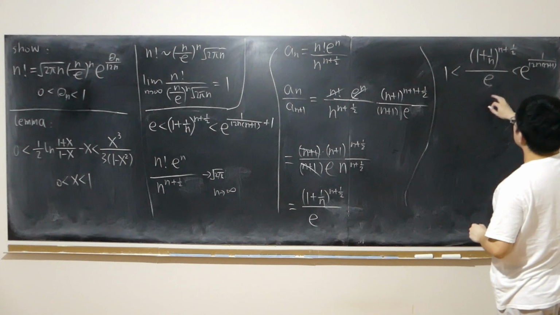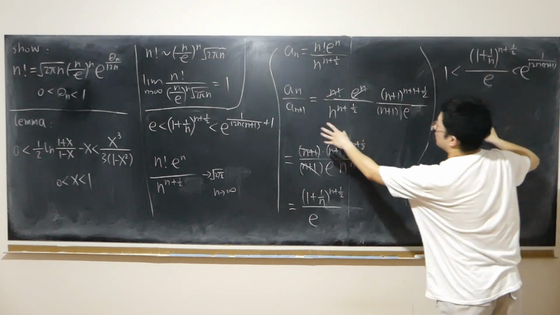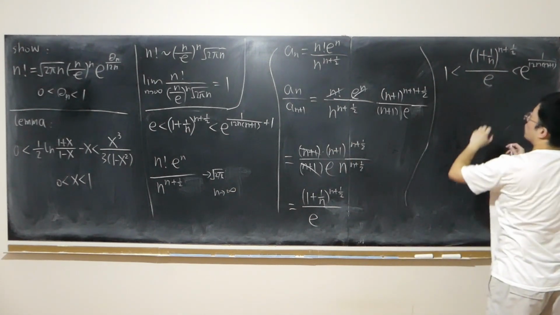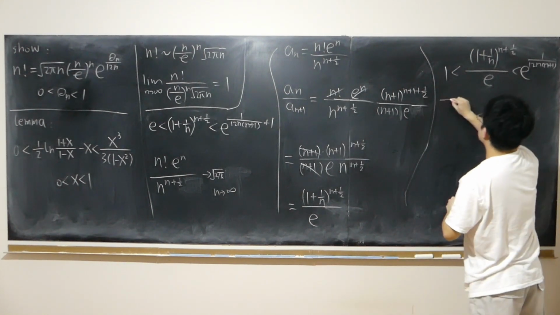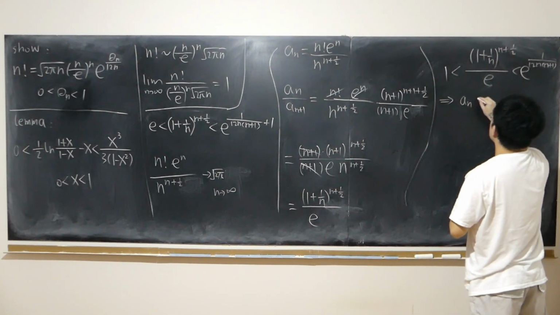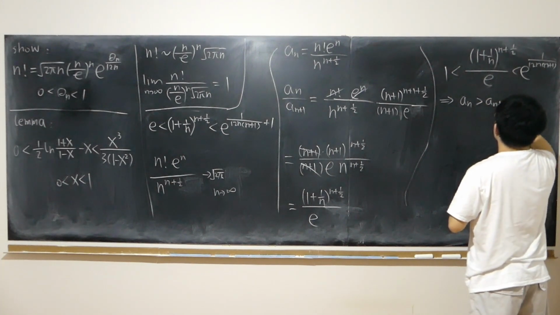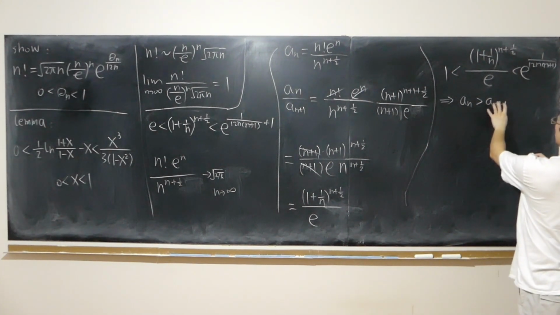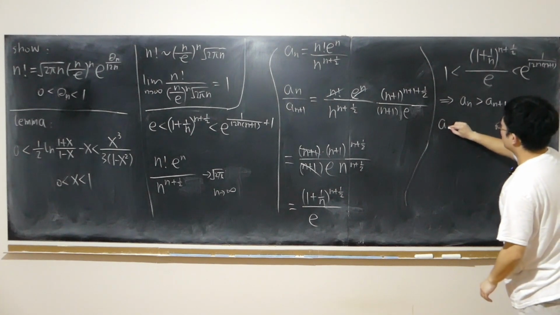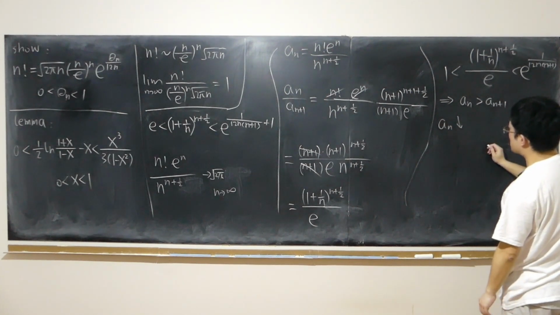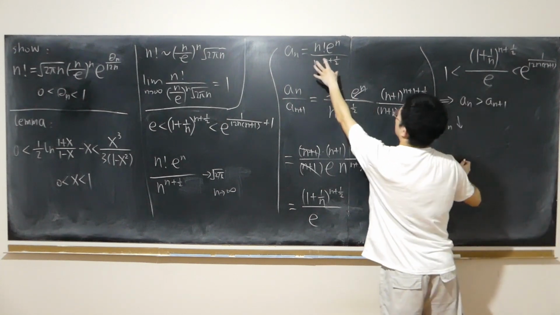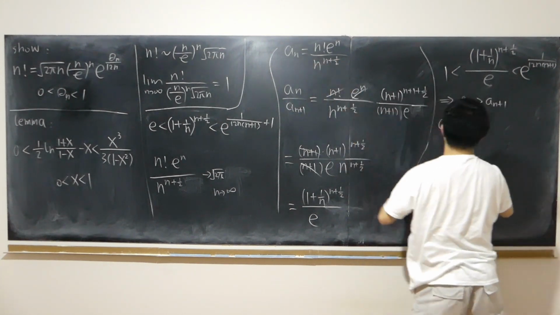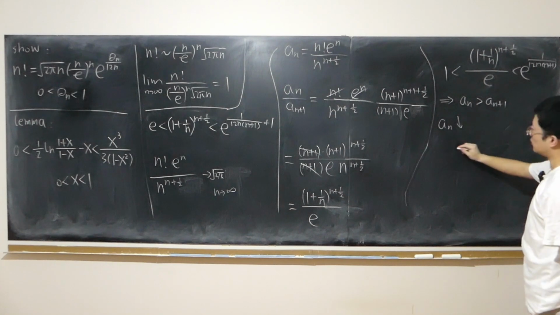So their ratio is bigger than 1, which means an is bigger. So the sequence is really decreasing. And also, at the same time, the sequence is bigger than 0, bounded below. So the sequence has a limit.